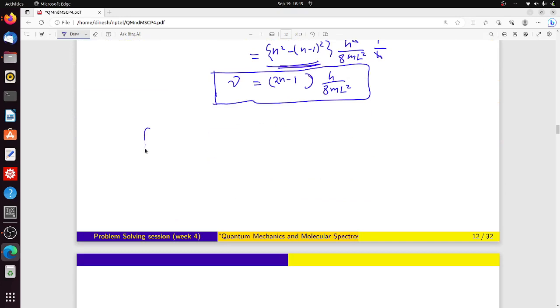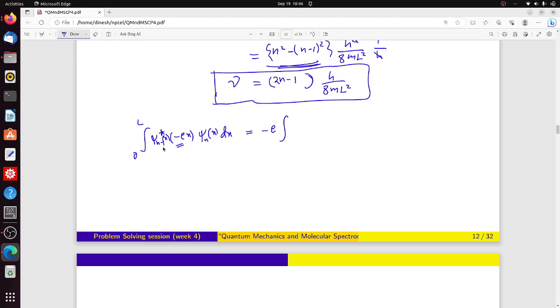So we have to evaluate this integral from 0 to L of psi n minus 1 star, minus e x, psi n. These are functions of x, right? So this minus e is a constant, I can take it out.